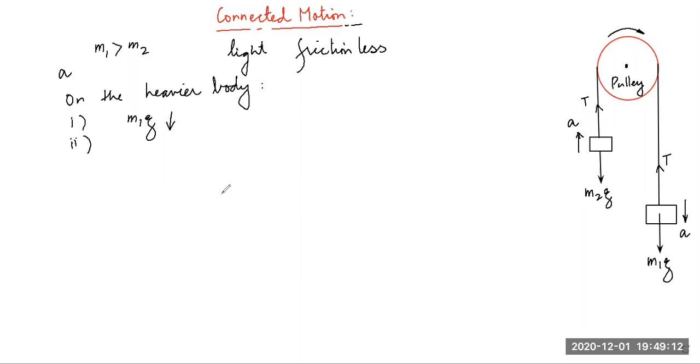Right? So as the body moves downwards with acceleration a, the net downward force on it is m1a. When it is moving downwards with acceleration a, net force will be mass into acceleration, m1a. This will be the net downward force.